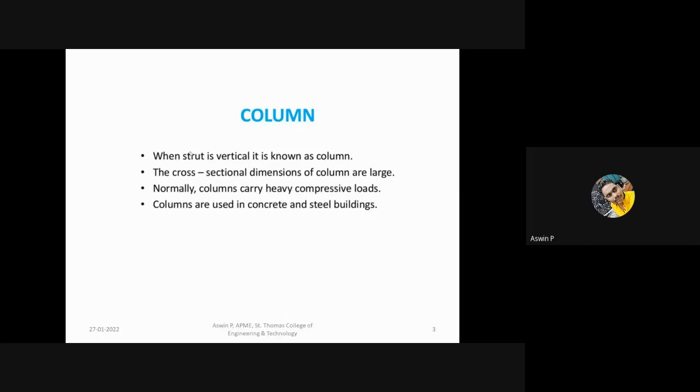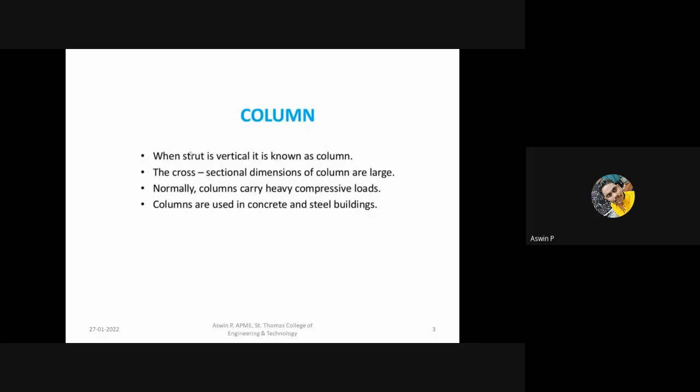The cross section is a very important term. The cross section of a column is very large compared to a strut. Compared with the length of the vertical element, the cross section will also be very large to support compressive load. That is a column, and a lot of heavy compressive load can be carried by it.